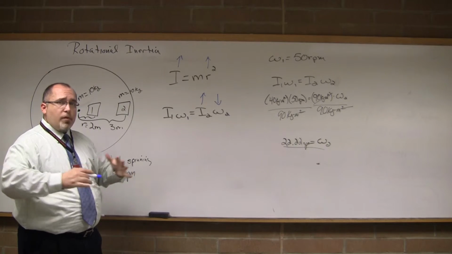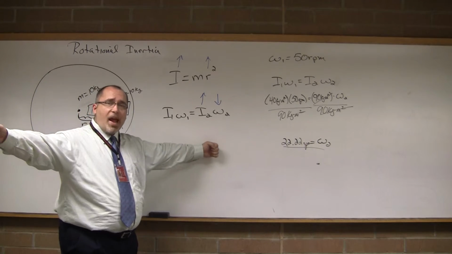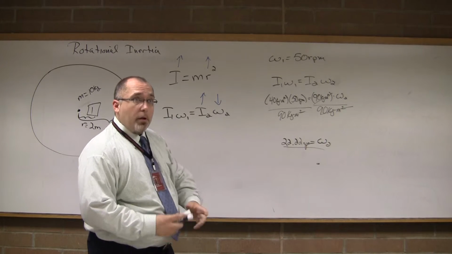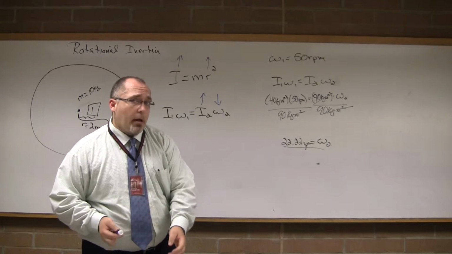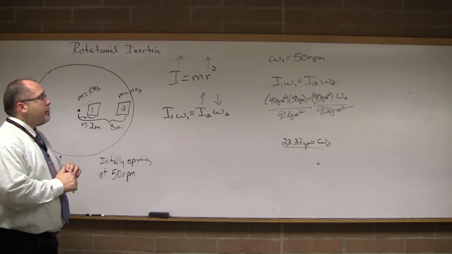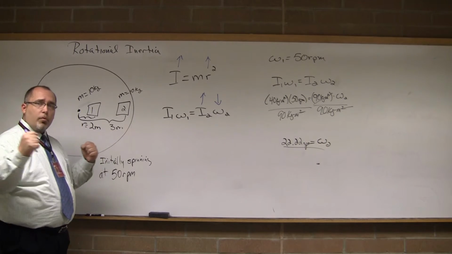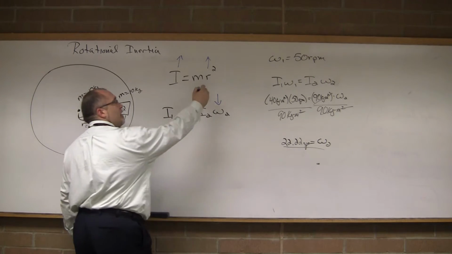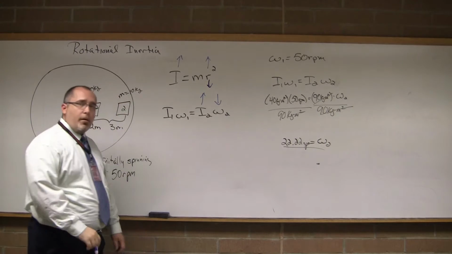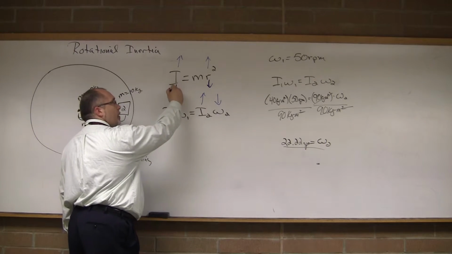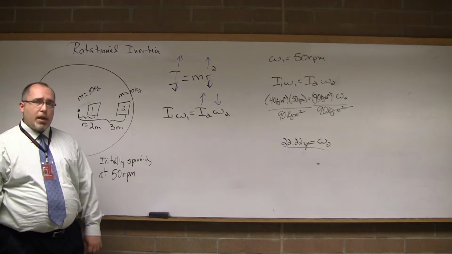So again, if the kid moves outward or if the figure skater extends her arms out, then that's going to overall indirectly cause the spin to slow down. However, if the kid moved inward or the figure skater pulls her arms and legs in, that's a decrease in the radius. That decrease in radius directly causes a decrease in rotational inertia.